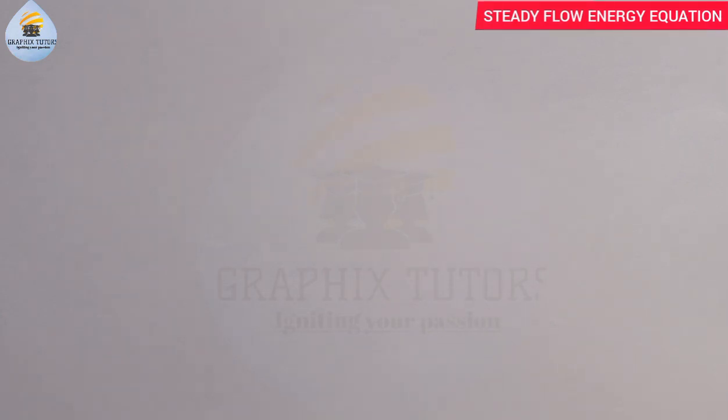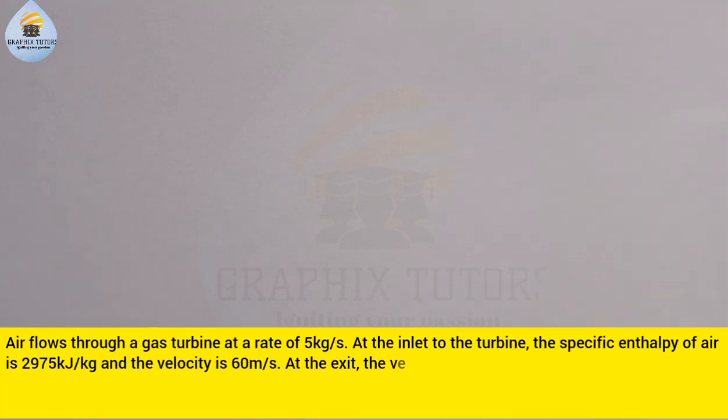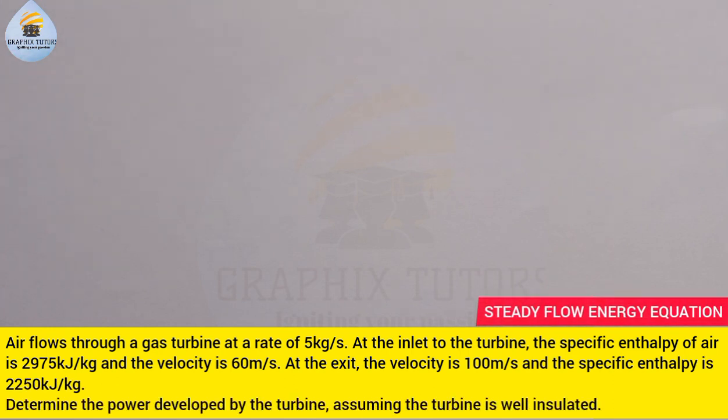In this video, we want to solve a problem involving the steady flow energy equation, and the question goes like this. It says air flows steadily through a gas turbine at the rate of 5 kg per second. At the inlet to the turbine, the specific enthalpy of the air is 2975 kJ per kilogram and the velocity is 60 meters per second.